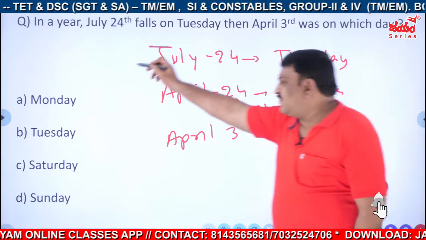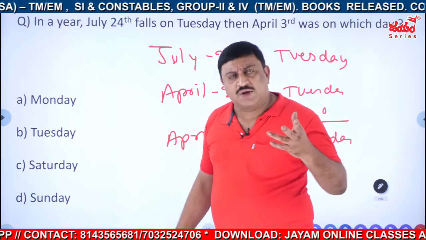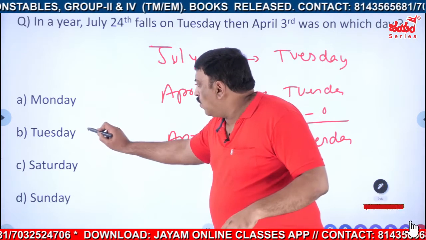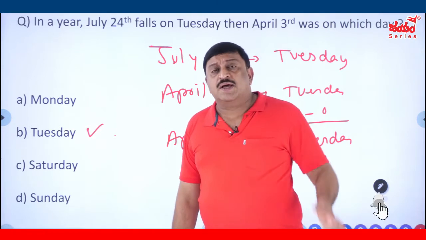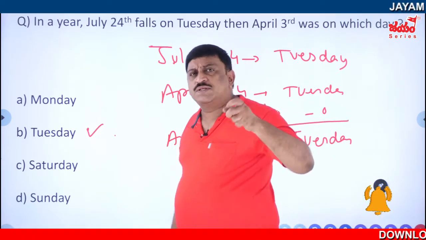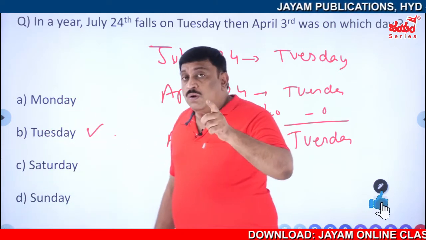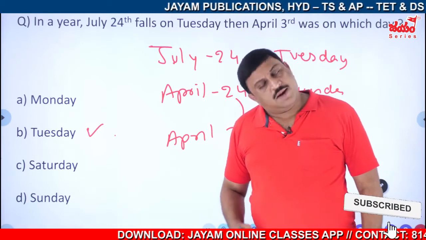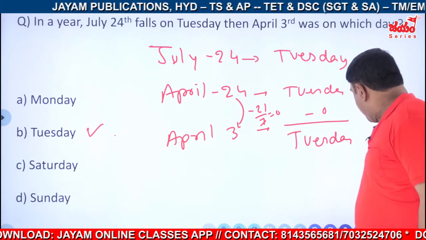Even if the options are wrong, you will be confident that definitely you are right. Though the options are wrong. Now, luckily, your answer is Tuesday, you got that one. Okay, fine. But my point is, sometimes in exams, some errors will be there in the options. So don't bother about that one. Be confident about your concept only, right? Concept makes you perfect.